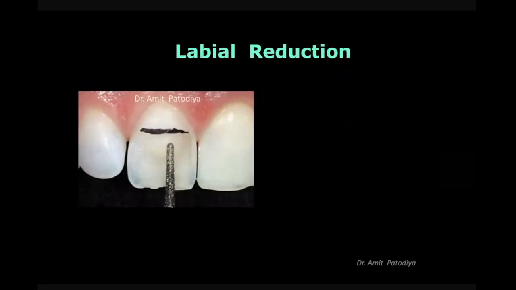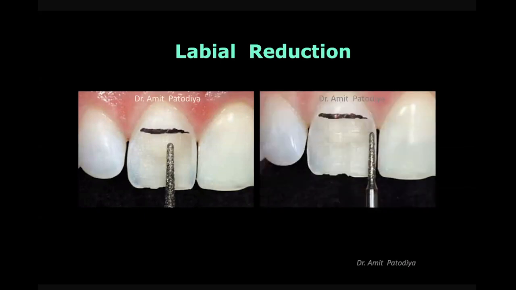The second step is labial reduction. You take your chamfer burr and prepare the teeth in two planes. First, you do the incisal third and middle third reduction, and then you do the cervical third. Here also the starting point is the center of the tooth. From center we go to the proximal, not vice versa, because when you go from center to proximal, you get better control.